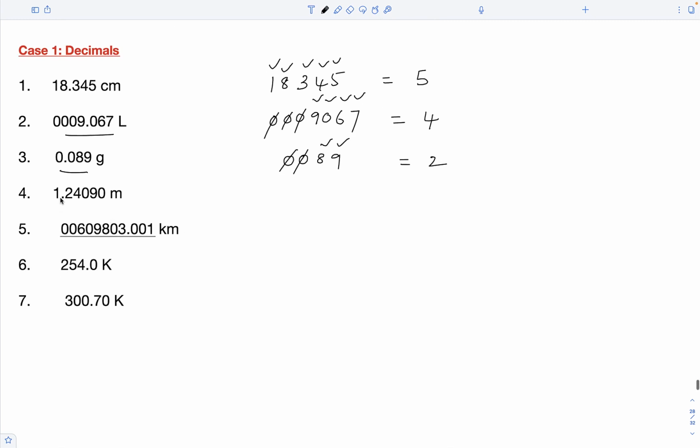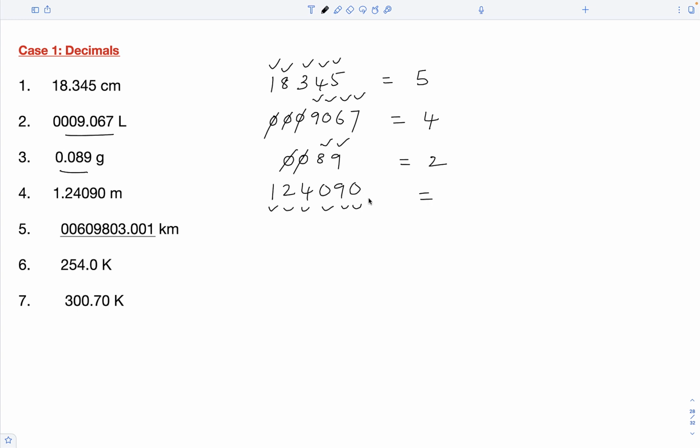And in this case, if you drop this decimal point, it becomes 124090. And every digit is needed to maintain its magnitude. If you drop any of these digits, even this trailing zero, its magnitude would change. So you have to count all of them.